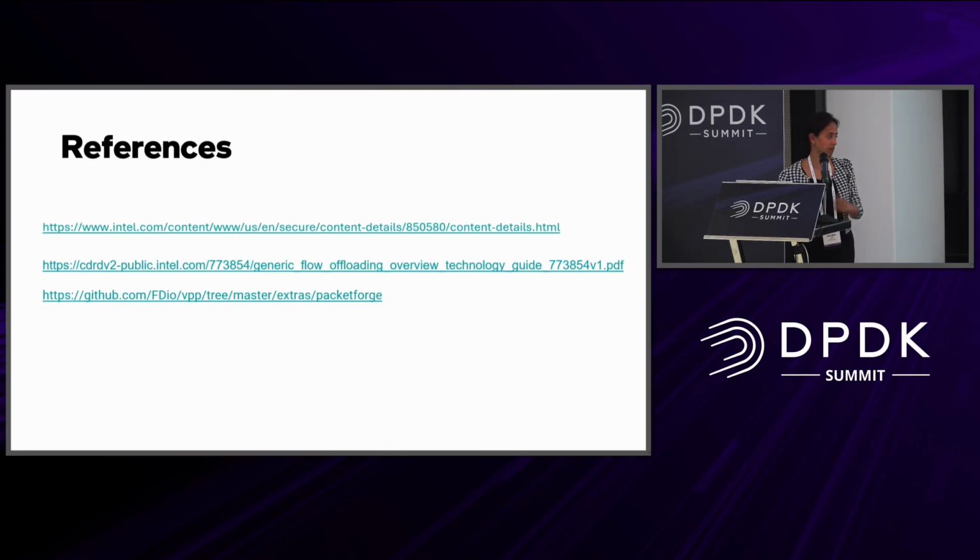Like I said, it has the Packet Forge link. It also has the link of the white paper which I was just talking about, and also a DPDK document, which can help a user have more understanding around the specs and mask and how the whole raw pattern is calculated.